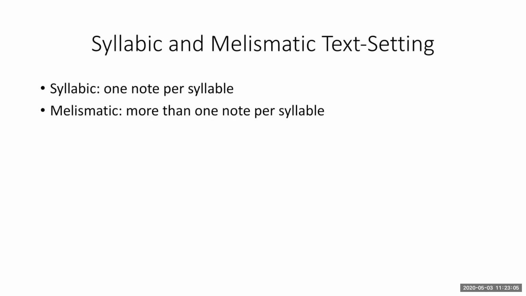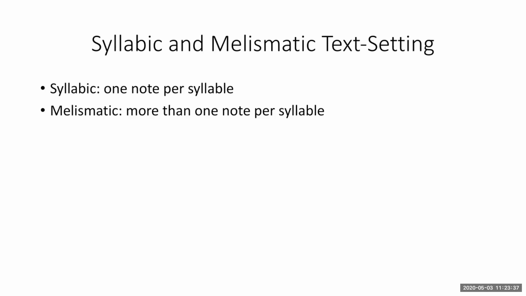A melismatic text setting will have more than one note per syllable. And again, this is good for emotional expression, creating a more interesting melodic line. So composers will often mix syllabic setting and melismatic setting within the same vocal melody or within different sections of a piece.